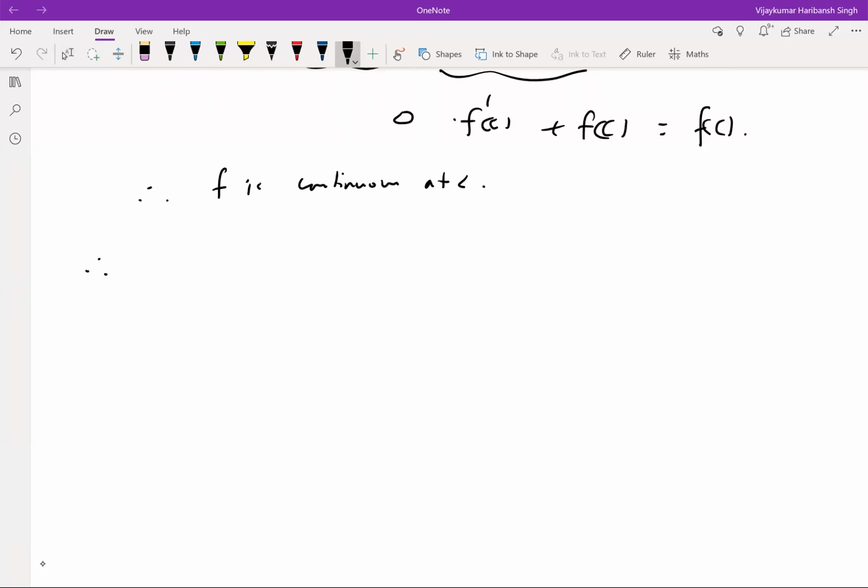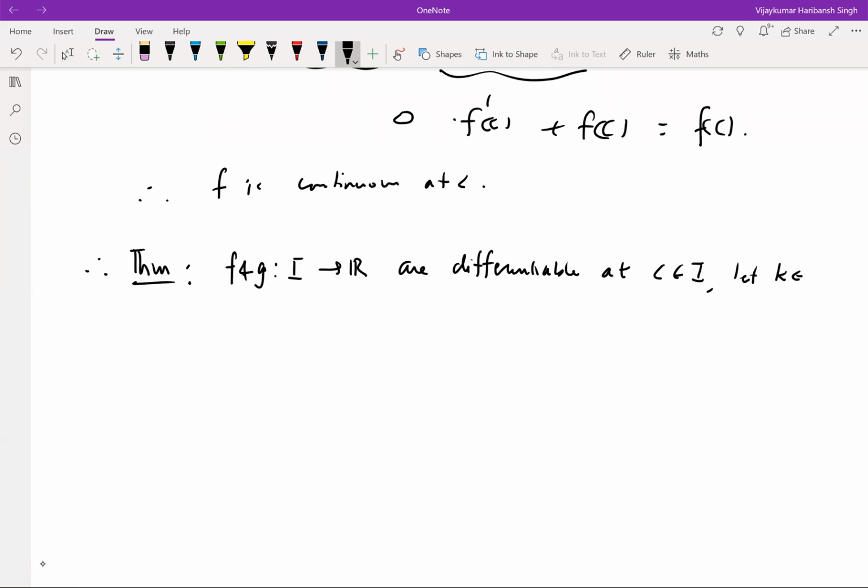So, theorem: if f and g are functions from I to R that are differentiable at c belonging to I, and let k belong to R be a constant, then the following functions are differentiable.